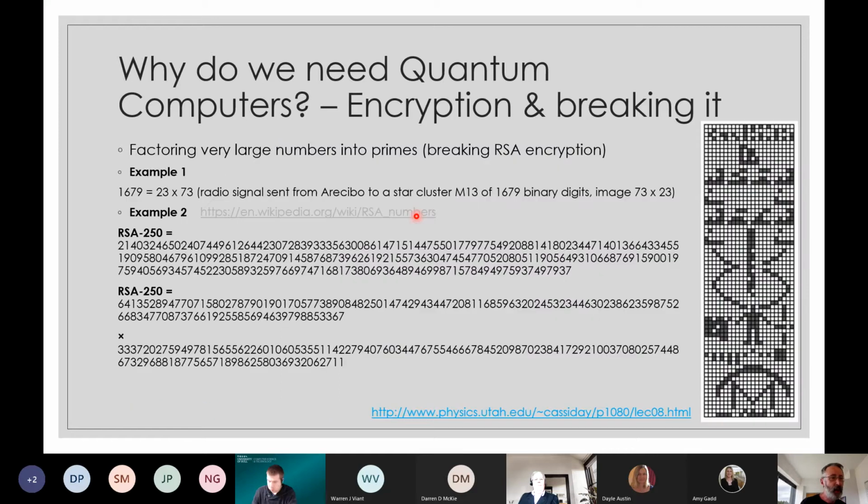So that's one example. The other, coming back to encryption, is that some people would like to break encryption. RSA encryption, in its simplest form, uses a large number that is the product of 2 primes.